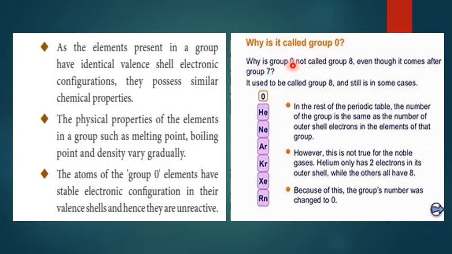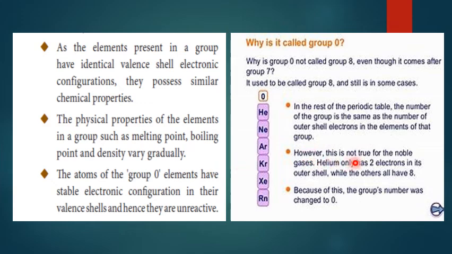Why is the zero group not called group 8 even though it comes after group 7? It used to be called group 8 and still is in some cases. See here, in the rest of the periodic table, the number of the group is the same as the number of outer shell electrons in the elements of that group.